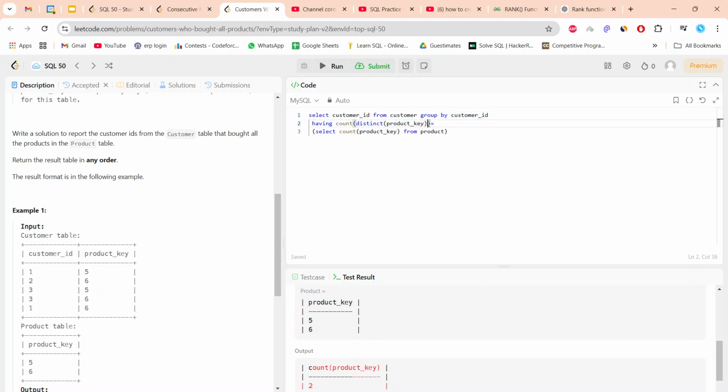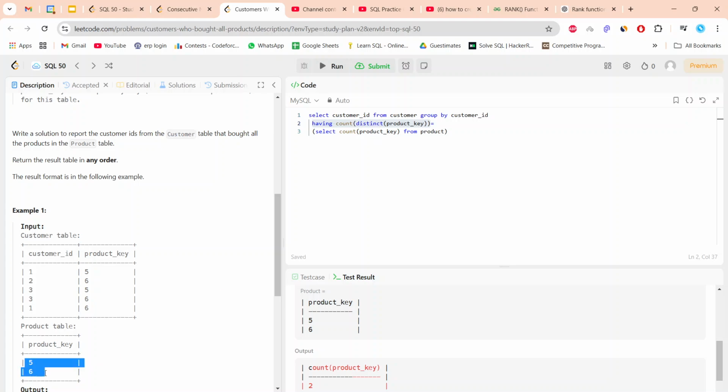Now, if we see the complete query, it says select customer ID from the customer table, grouped by customer ID so that unique customers are grouped together, and having count of distinct product key equal to the count of the total product key from the product table.